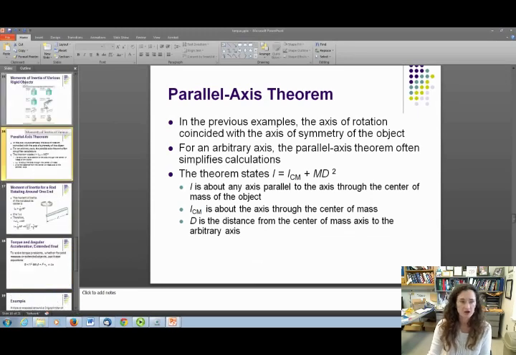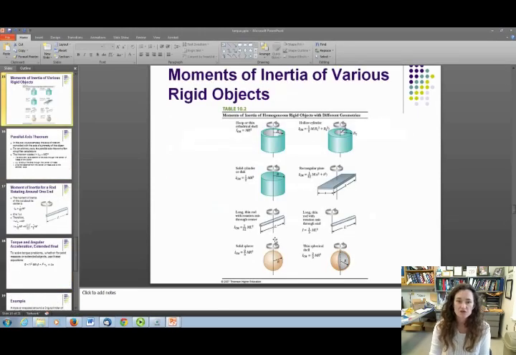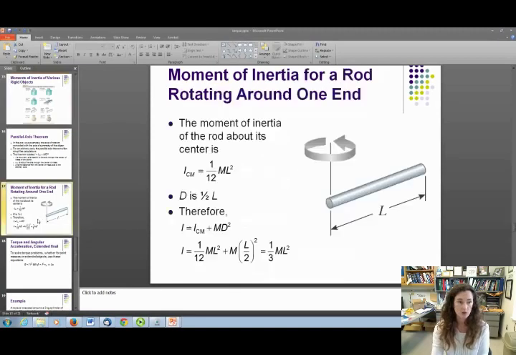Let me show you one here. Okay, if you look in this chart, if you're rotating a long thin rod with a rotation axis through the center, say like a baton for an acrobat or something, then that's 1/12 m L squared, where L is the length of the rod and m is the mass. But now let's say that instead of rotating about its center, you want to rotate it about one end. So the moment of inertia of the rod about its center would be 1/12 m L squared.